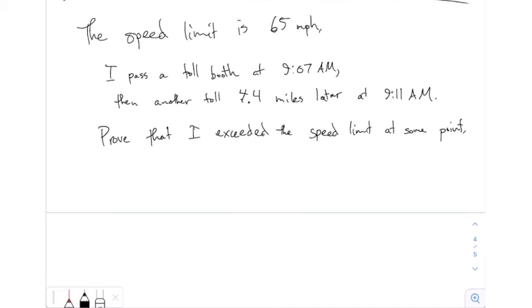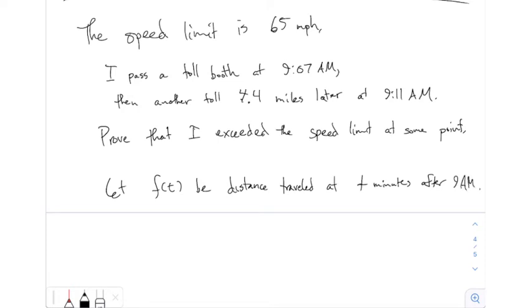So I'll call it f of t, the distance traveled at t minutes after, how about t minutes after 9 a.m.? I want them to be ordinary numbers, not times. The distance traveled at t minutes after 9 a.m.